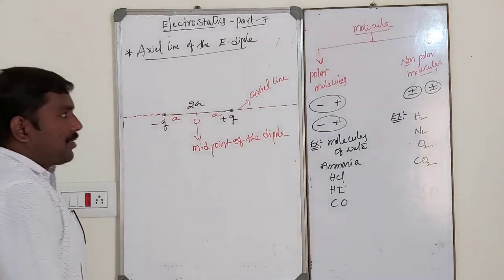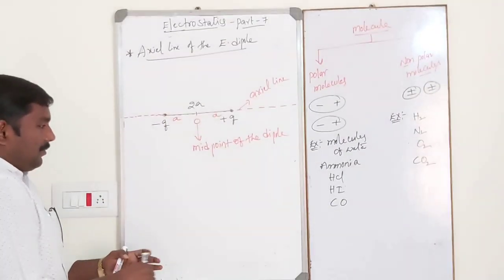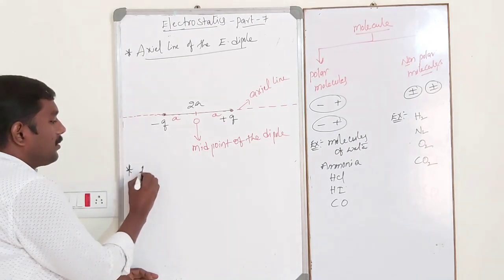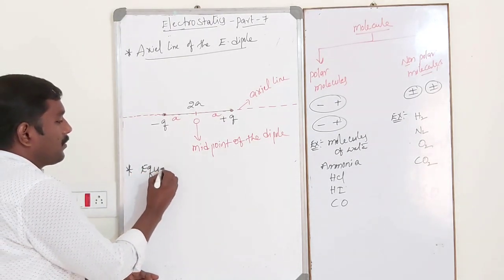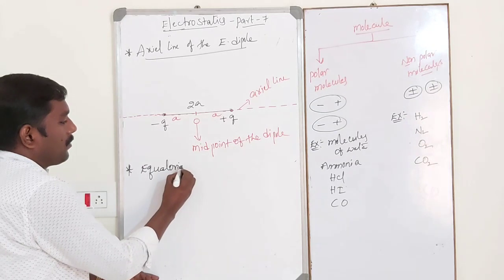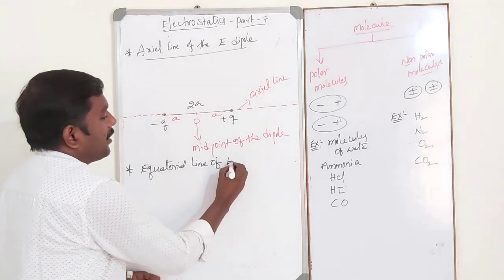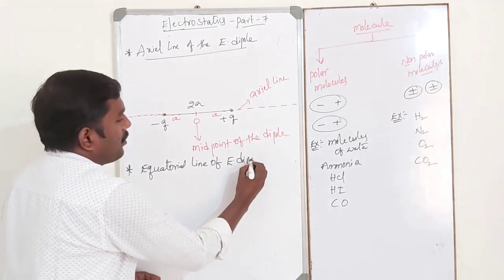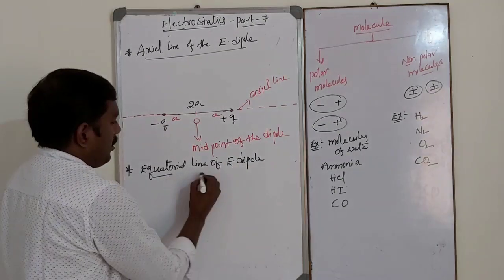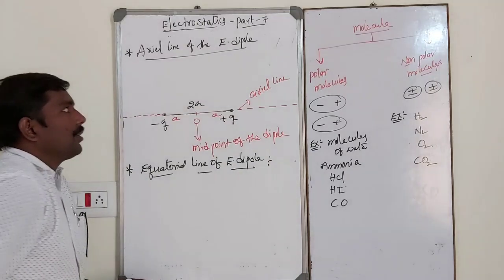Axial line. Next, equatorial line. Equatorial line of the electric dipole. This is also very most important. Equatorial line of the dipole.